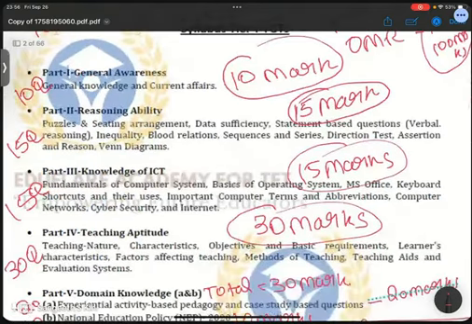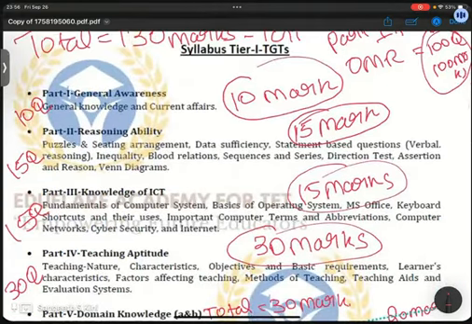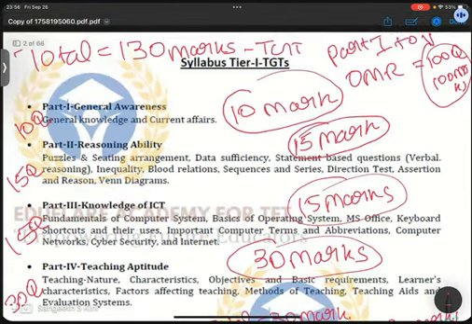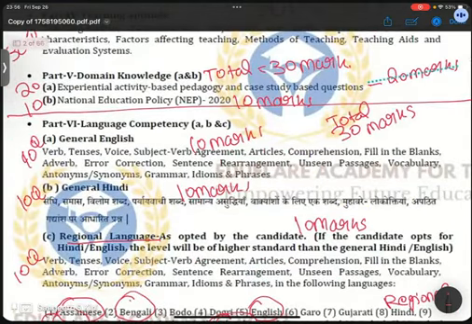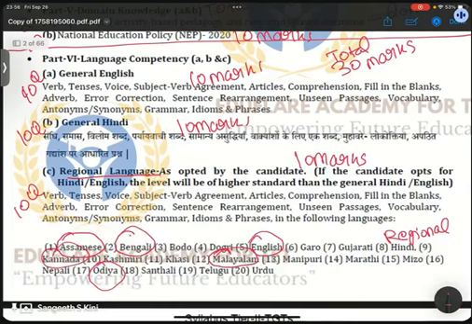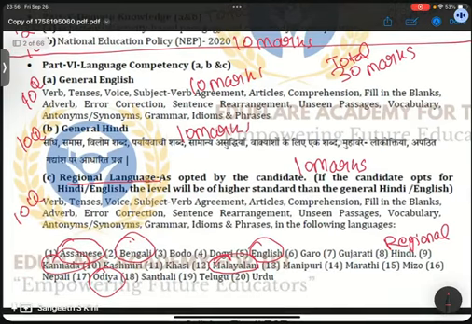You can appear for tier 2 only after qualifying this tier 1 paper. This is called the preliminary examination. The same rule is applicable for language competency, which consists of general English, general Hindi and regional languages. 10 questions are asked from each area.